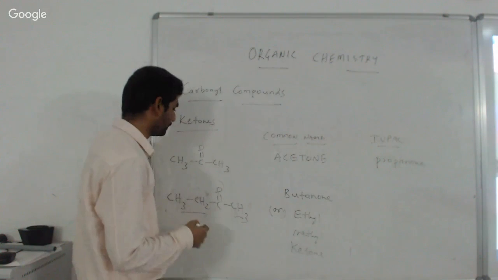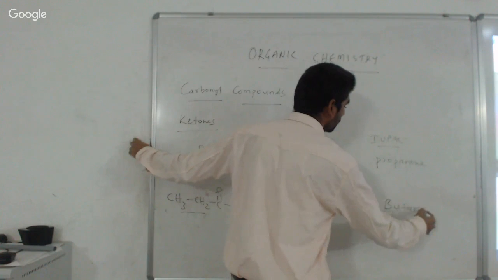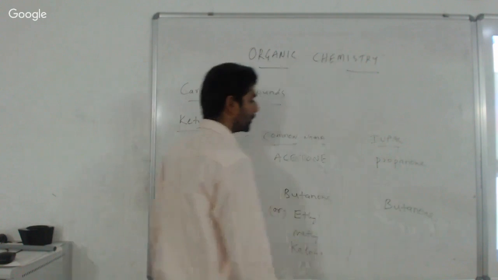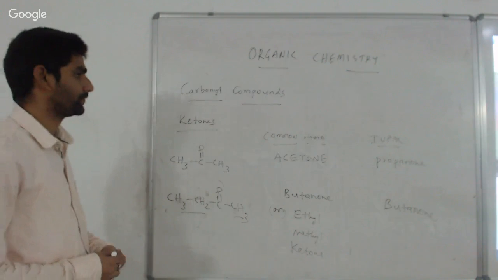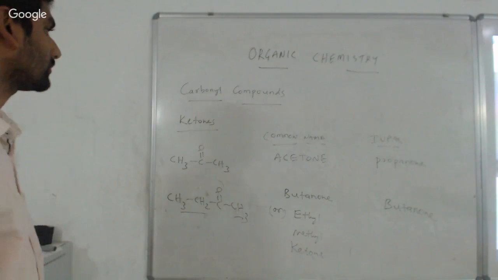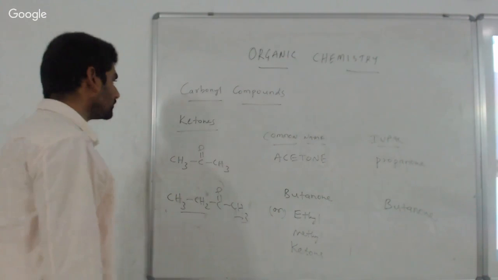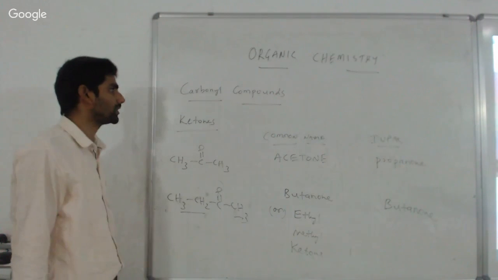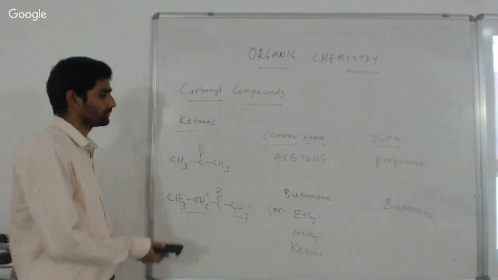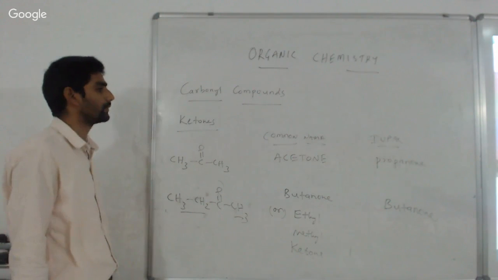The IUPAC name is butanone. So carbonyl compounds are aldehydes and ketones, like pentanone, hexanone, like that.